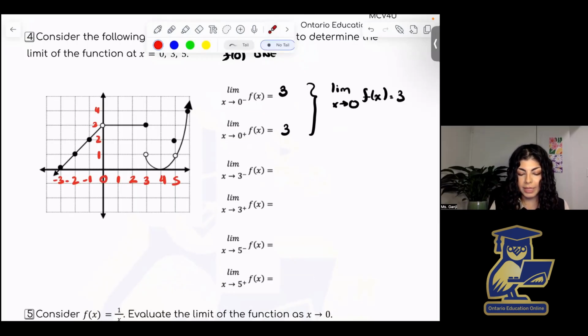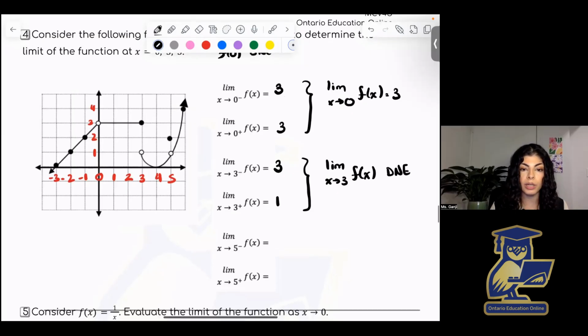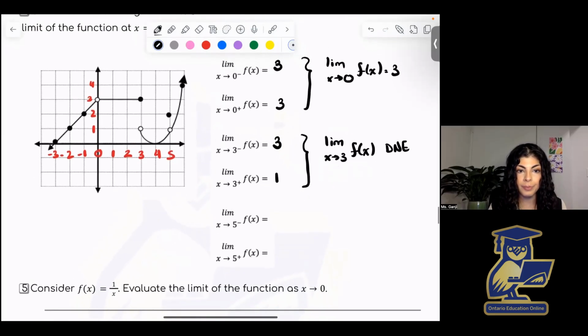So from the left-hand side, I can see that as I'm approaching 3, and I actually do have a point there as well, we are approaching 3. But from the right-hand side, if I'm approaching 3, then I'm actually ending up at 1. And so here we say that the limit of x approaching 3 of the function does not exist because the one-sided limits are not the same.